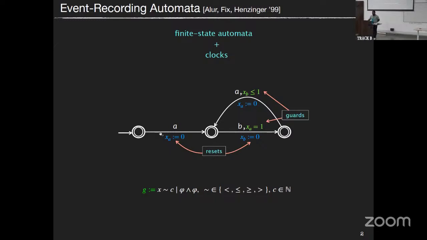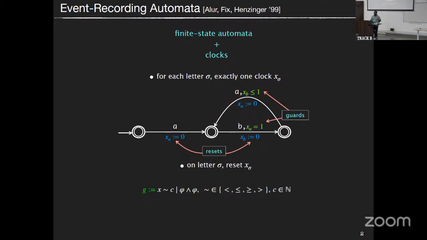Here we have some letters, some variables which are called clocks, and some guards and some resets. What is special in this class of timed automata is that we have two restrictions. First, for every letter sigma there is exactly one clock x sigma.